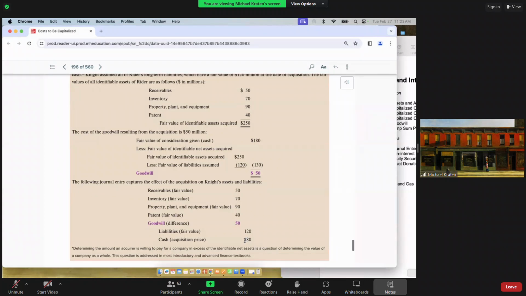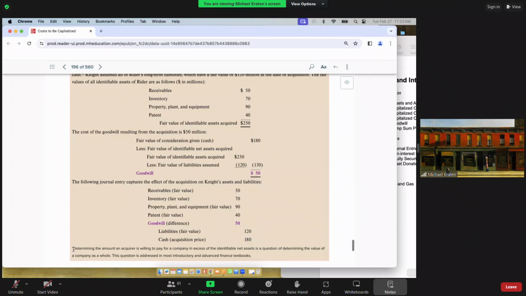On the other hand, are you seemingly overpaying at first glance because the company that you're buying actually has an asset called goodwill, and they've never bothered to measure it before? It's just something that has developed over time. But it is an asset. It has value to you, and therefore it exists.